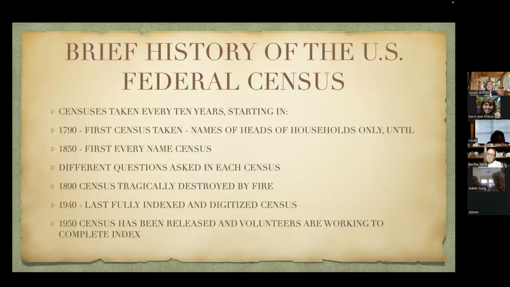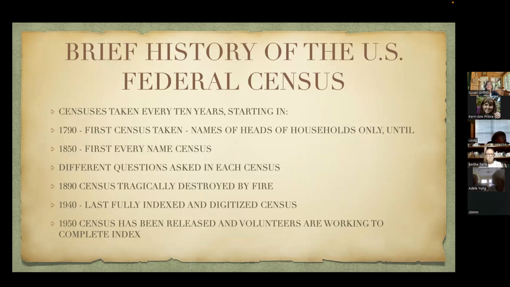As a brief history of the federal census, you're probably aware that the census is in the Constitution, that we have a census every 10 years. So it's not going anywhere. They started in 1790 and then every 10 years: 1800, 1810, 1820.